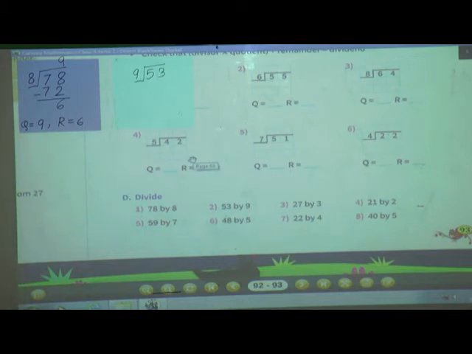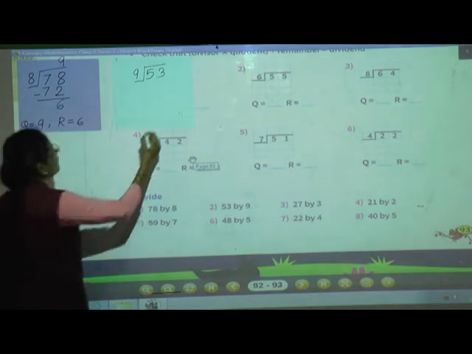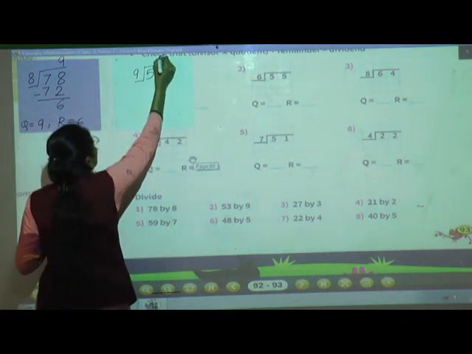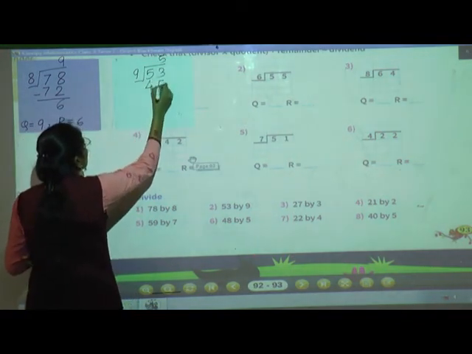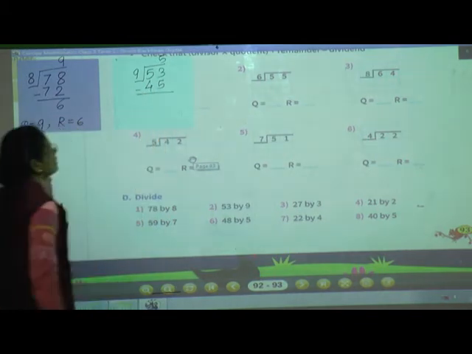In that, is the number 53 there? No. Then what will you do? Yes, find the smaller number than 53. 45. 9 5s are 45.